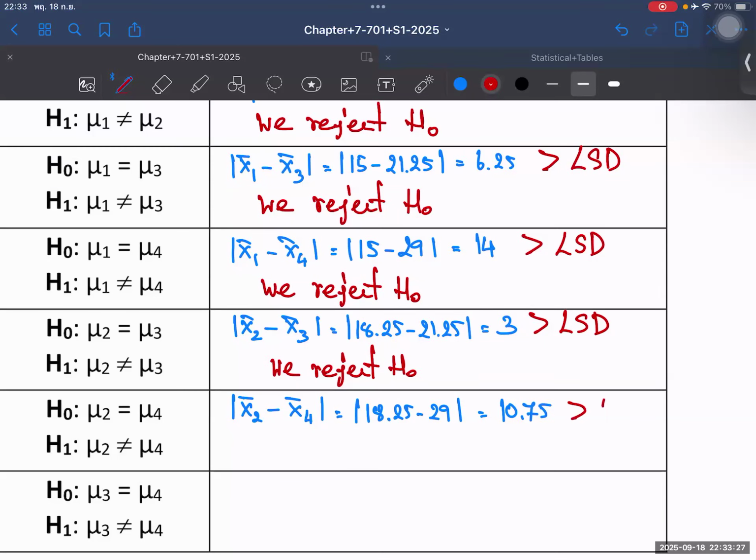So it's greater than the LSD. So we reject H0.